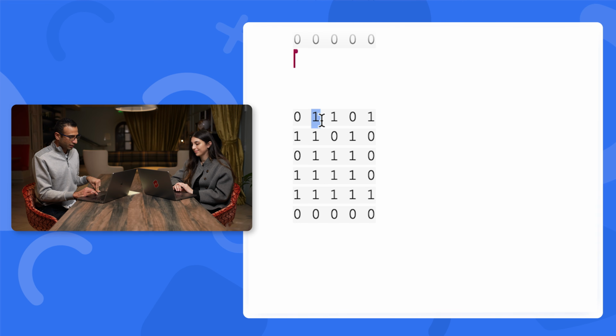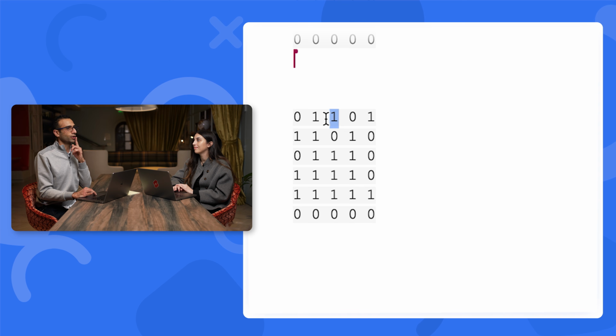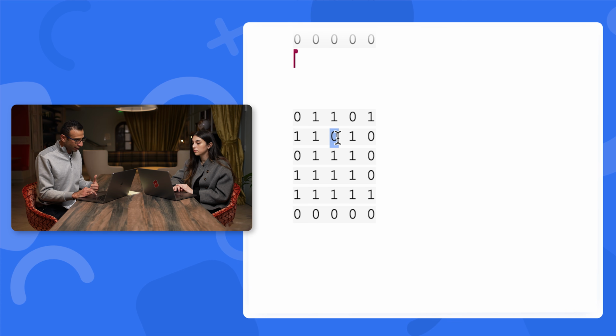Then we can ask the surroundings, can we make more than 1 by 1? Actually, let me think about it. Okay, if this is a 1, the right of it is a 1, the bottom of it is a 1, we can ask this one that I'm highlighting, how big of a square can you make?